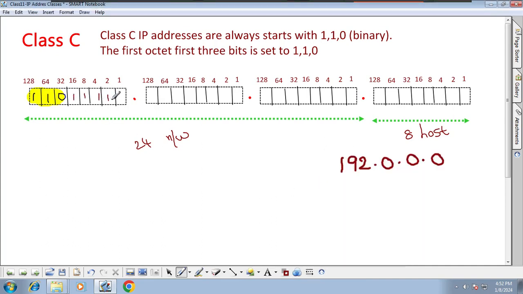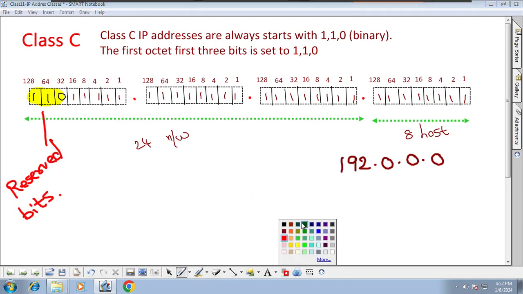Let's apply all ones except the first three bits in the first octet. These 3 bits are reserved bits.